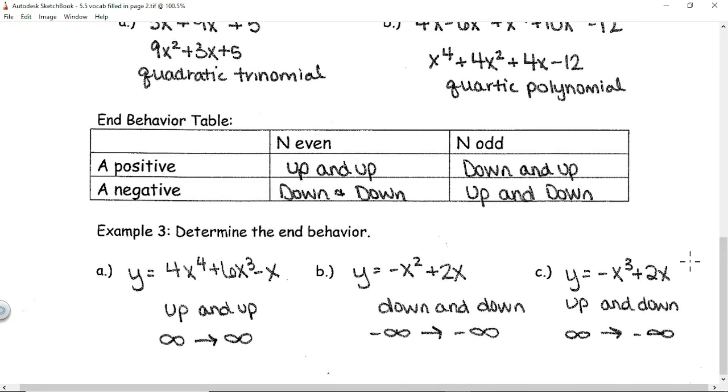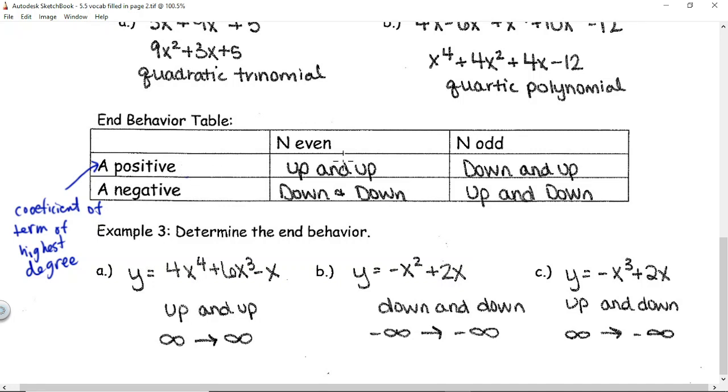So a, maybe I should write that in here. A being the coefficient of the term of highest degree, we'll say. When you see the term that has the highest degree in the polynomial, look at its coefficient. That's a. Okay?